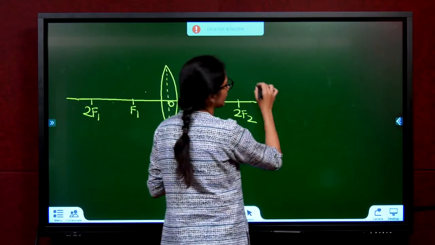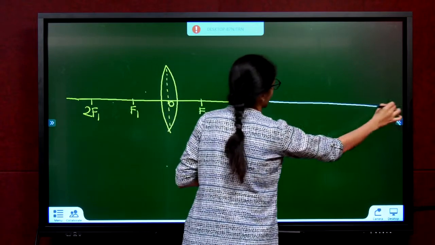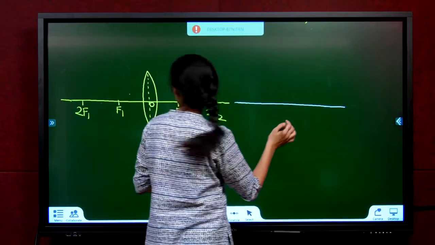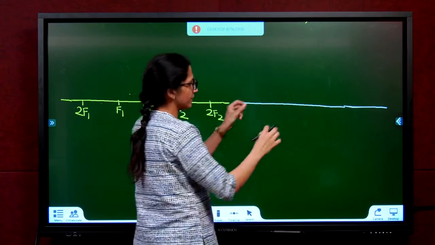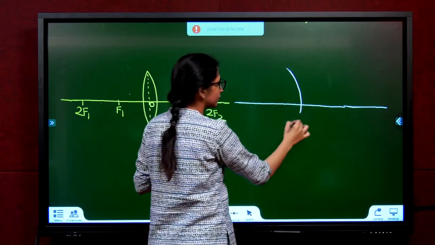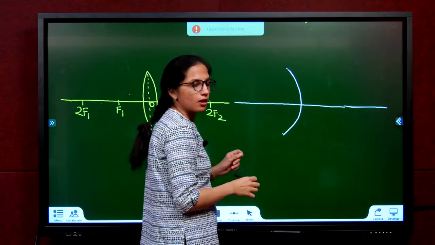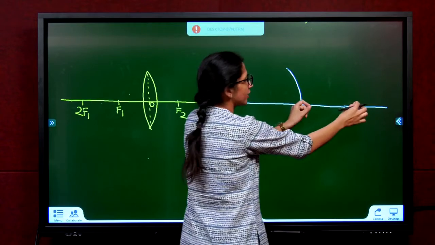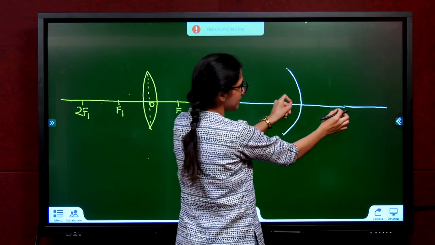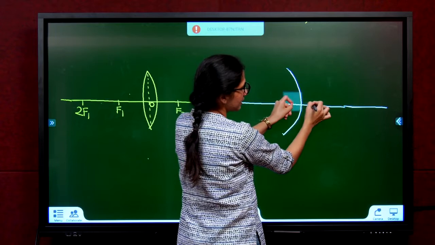Now, how to draw a concave lens? Same type. First draw the principal axis. Now, take your compass and keep it here. Draw a curve. Now, with the same radius 4 centimeters, come this side. When you keep the needle here, don't keep the pencil here. Keep the pencil this side of the curve.